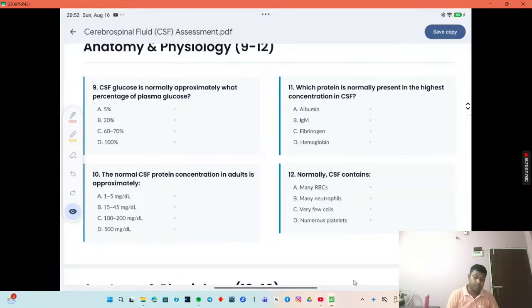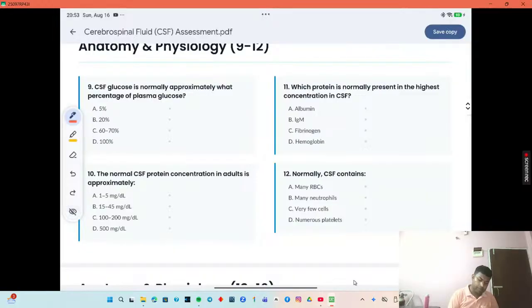I think the right answer of this question will be 60 to 70%. Is it clear? So CSF glucose is approximately what percentage of plasma glucose? It is 60 to 70%.